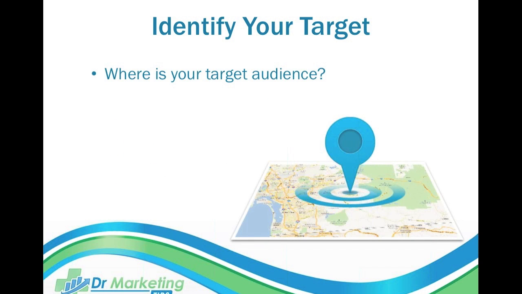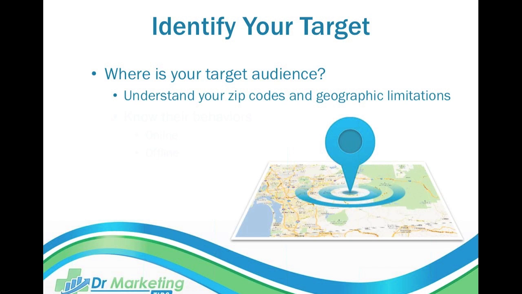So, where is your target audience? That's something that you need to figure out first and foremost. It doesn't sound that difficult, but you need to understand your zip codes and your geographic limitations. And I'm going to throw in here too, it's also important to understand your demographics a little bit. So you need to know their behaviors. And obviously this kind of depends on what specialty you actually are.